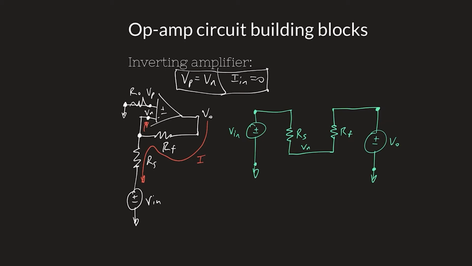So we have Vn equals Vp equals 0 volts because it's grounded. It's got a virtual ground, so we're just going to add that right there.